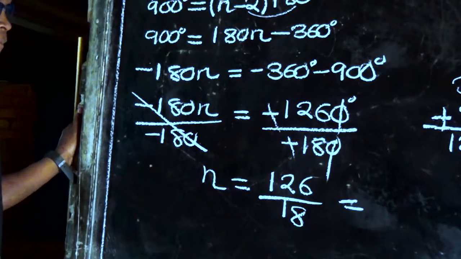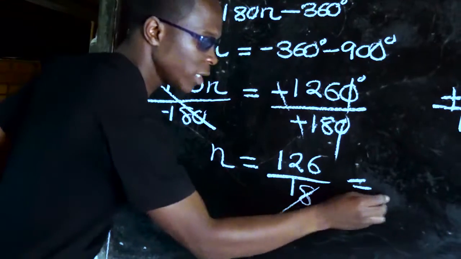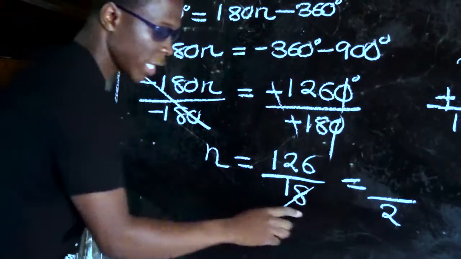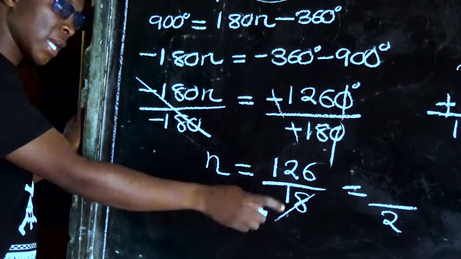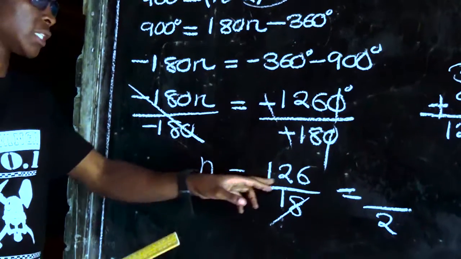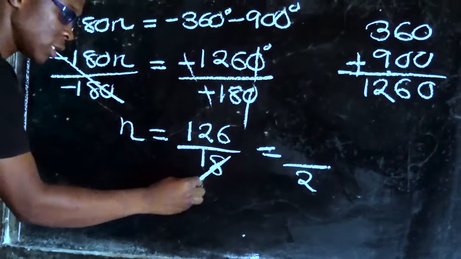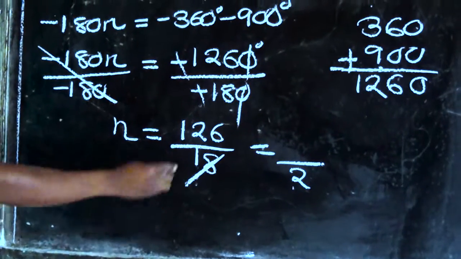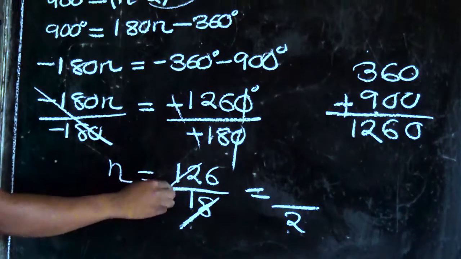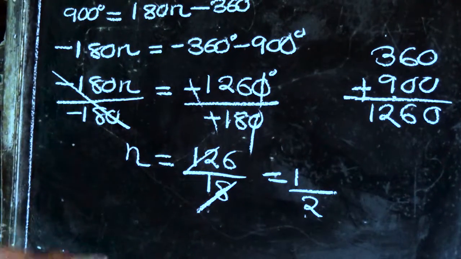Are we together? So 9 into 18 is 2. If you divide 18 by 9, you're also supposed to divide 126 by 9. So 9 into 18 is 2. Then 9 into 12 is 1, remainder 3.